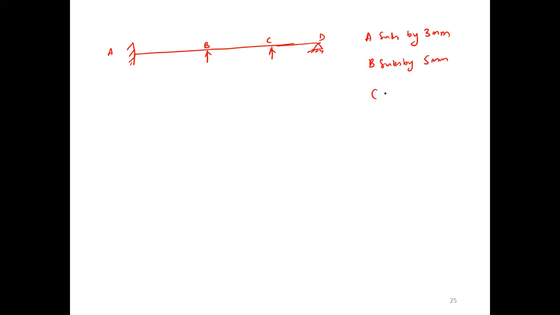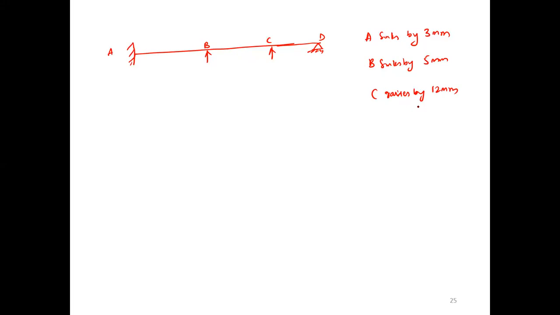So I will give the beam also. ABCD beam in which A sinks by 3 mm, B sinks by 5 mm, C rises by 12 mm.